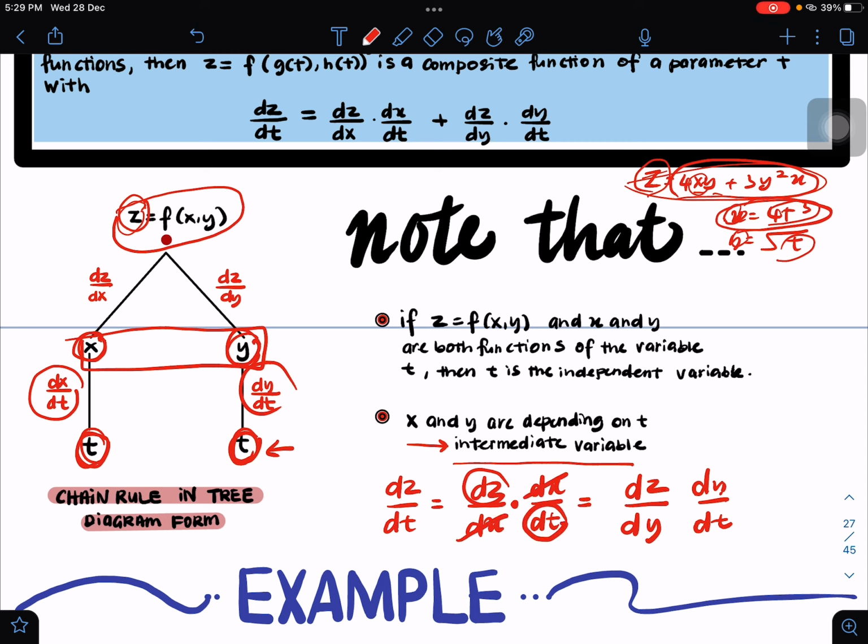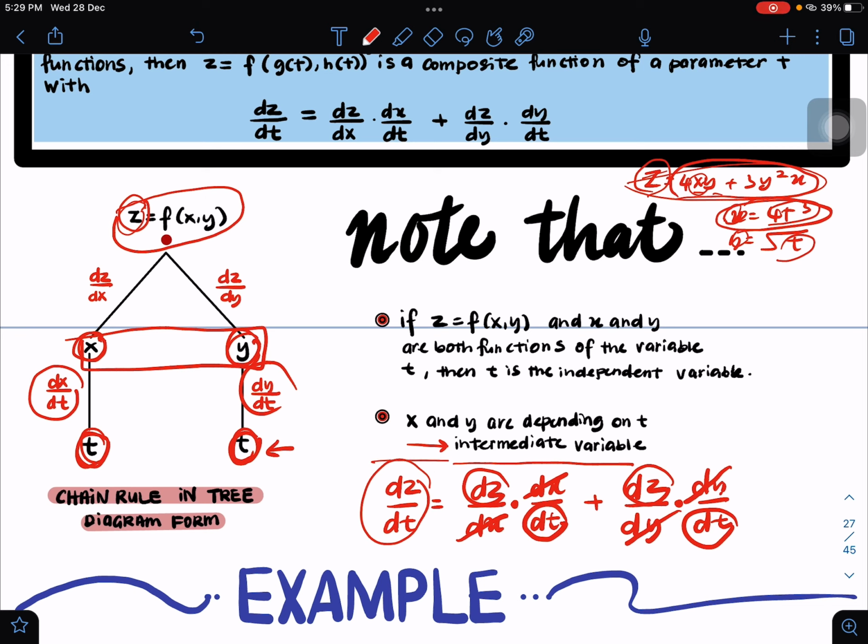And we add dz/dy multiplied by dy/dt, which also gives you dz/dt because the dy can be cancelled out. So this gives what we want, which is dz with respect to t.